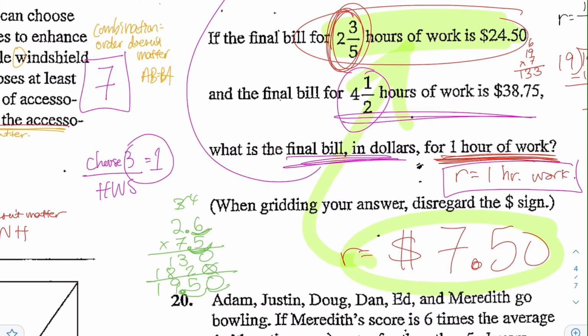But then you have to add this flat fee. So 19.50 plus F is equal to $24.50. So to figure out the flat fee, you're going to have to subtract 19.50 on both sides.